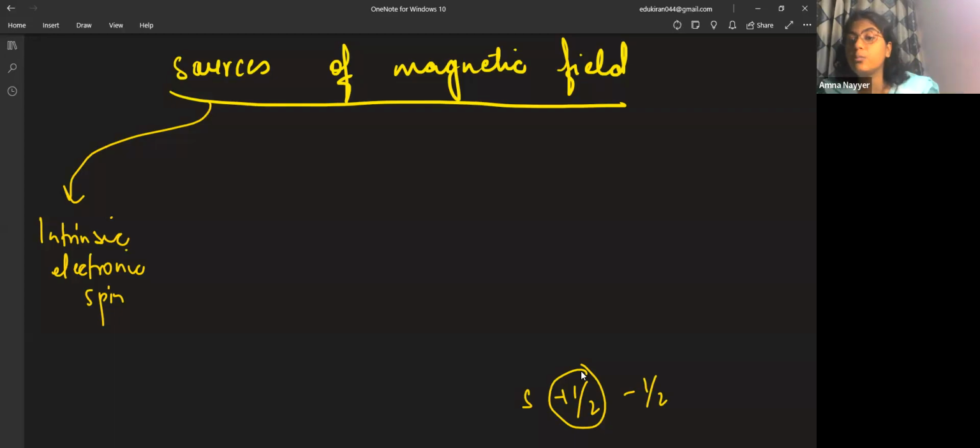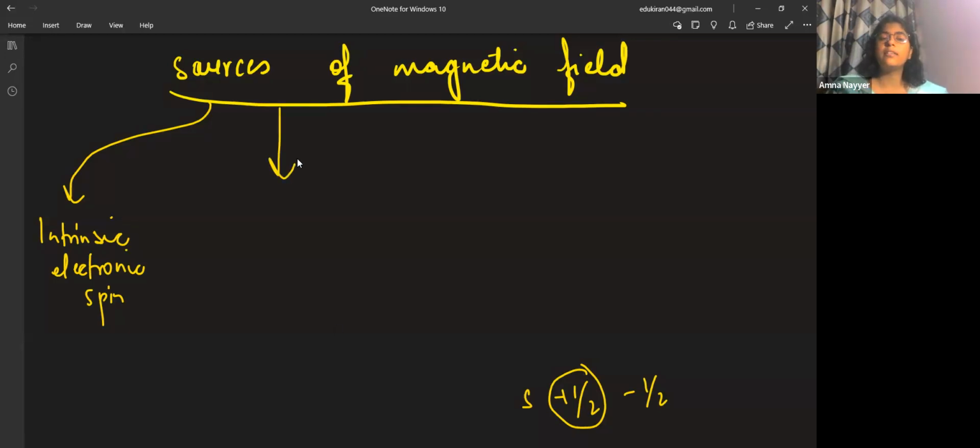That's why we say this is the opposite spin, plus half and minus half. In detail, you would have to go according to the spin axis of rotation of the electron, but you can just remember that electrons spin, and that spin or movement of electrons also creates a magnetic field.